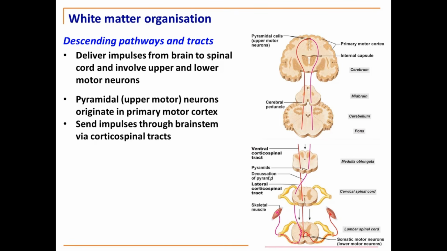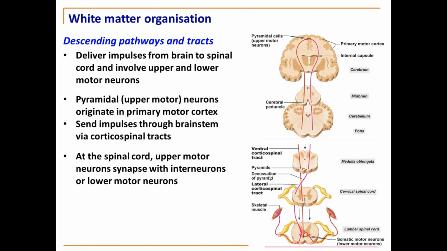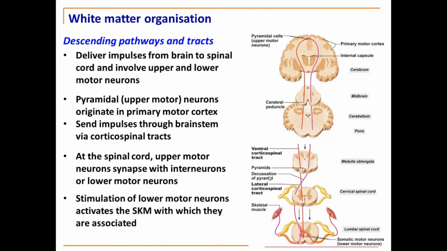The upper motor neurons originate in the primary motor cortex, and they send impulses through the brainstem via the various corticospinal tracts. At the spinal cord, the upper motor neurons synapse with the interneurons or the lower motor neurons, and then stimulation of lower motor neurons activates the skeletal muscle with which they are associated. So nice and simple.